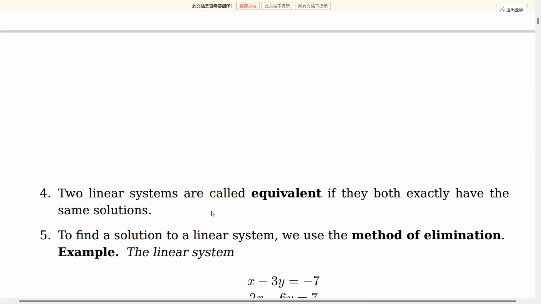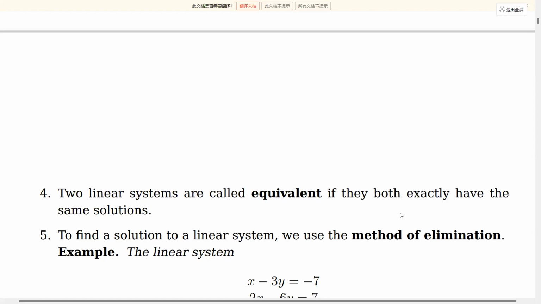To solve a system of linear equations is actually a procedure to find equivalent systems, which become simpler each time we do it.